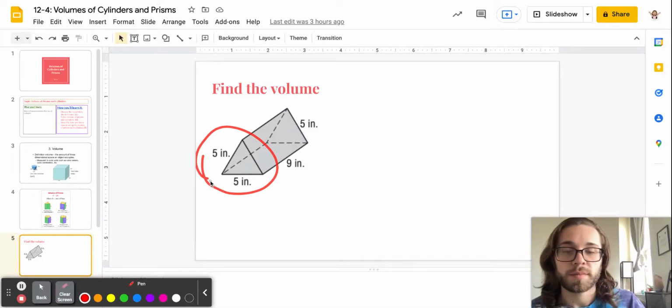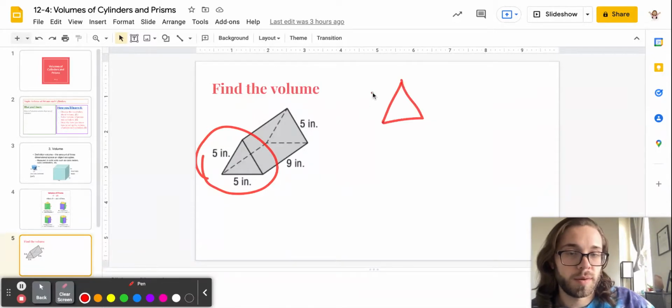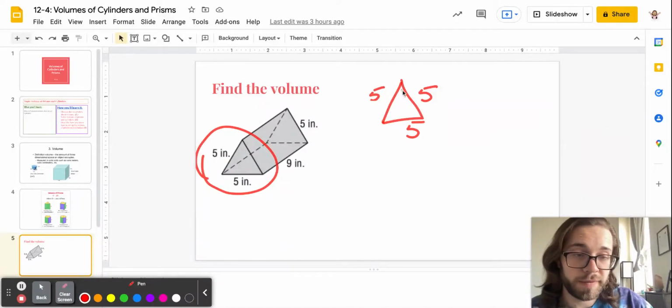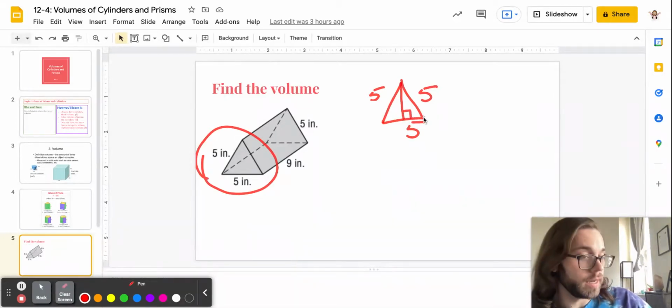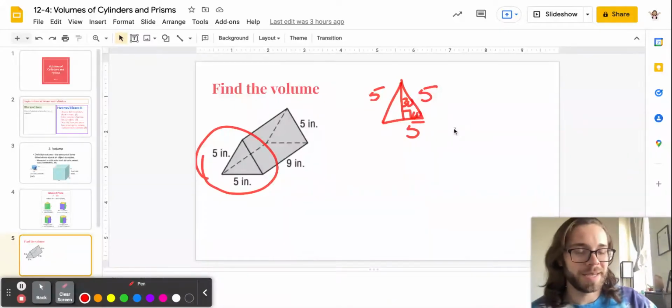Now, you have an equilateral triangle where this is 5, this is 5, this is 5. In order for us to solve this, you have to know the height of the triangle. So if we put in the height, that cuts it in half, which makes this a 30-60-90 triangle.